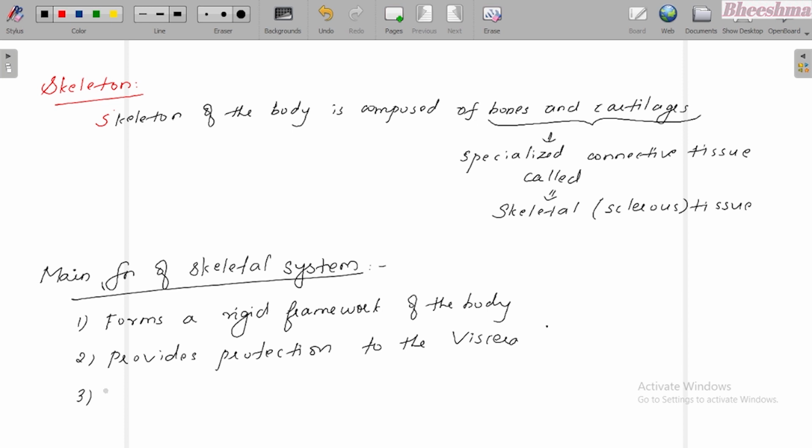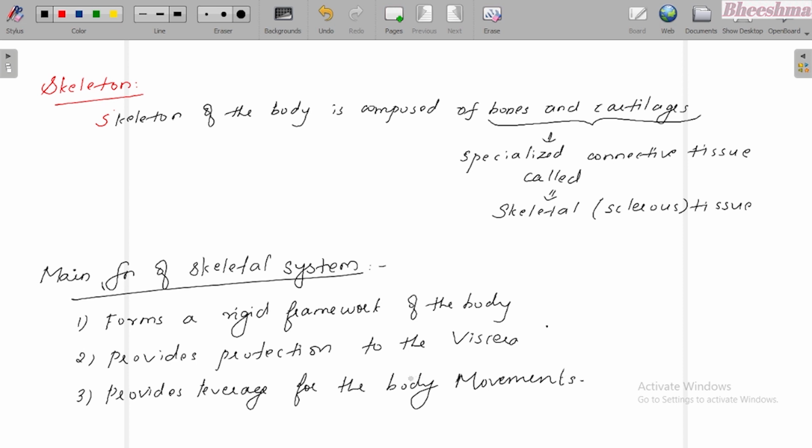The next one, provides leverage for the body movements.